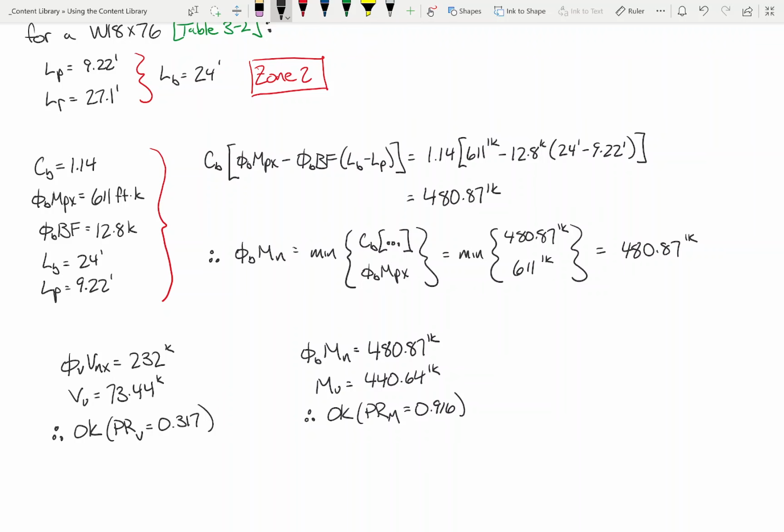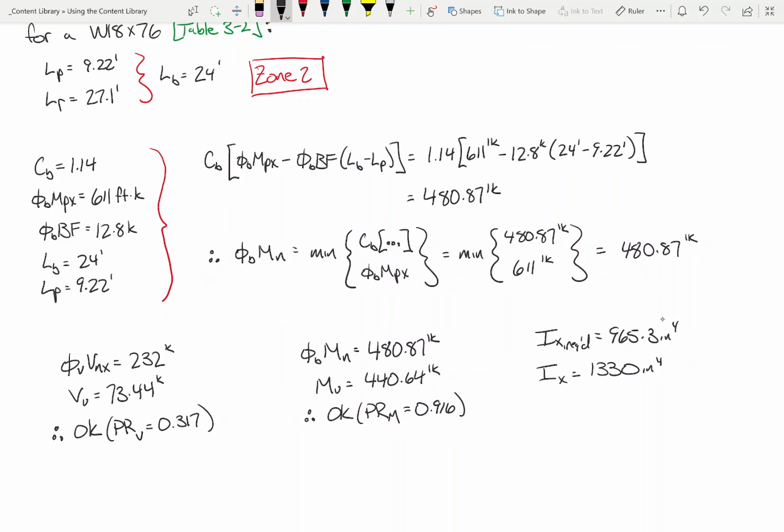And let's just make sure again we remember this. IX required was 965.3. And then the IX actual was, didn't we say 1330?